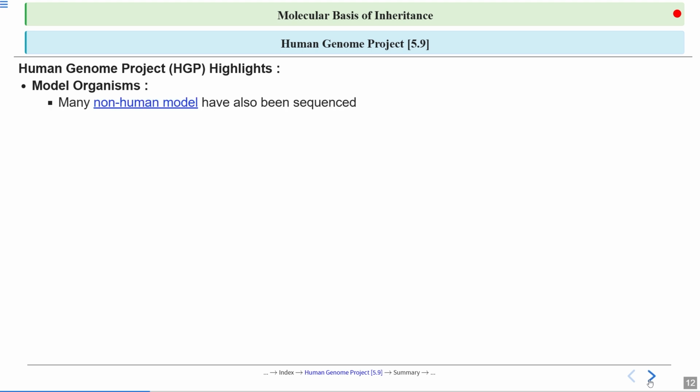Now, if we talk about model organisms, many non-human models have been sequenced. This contributes to a broader biological understanding.